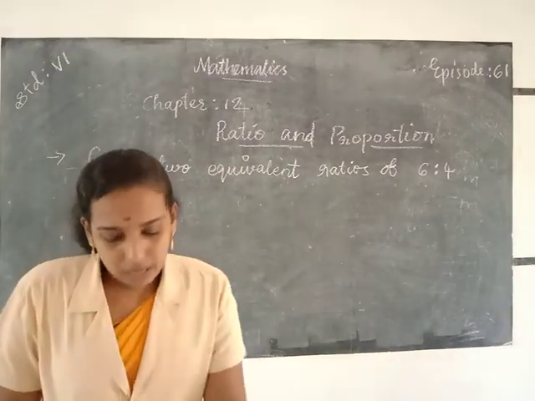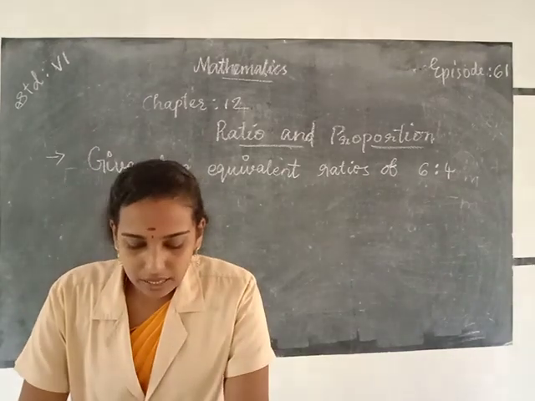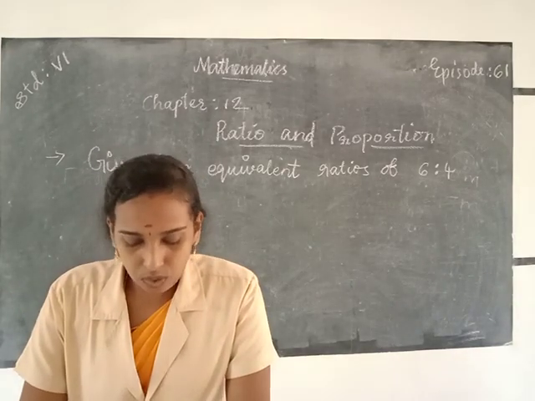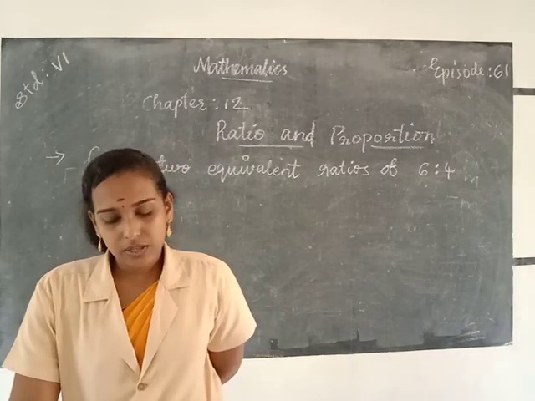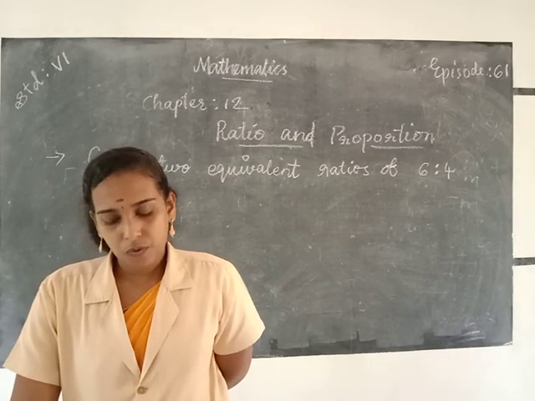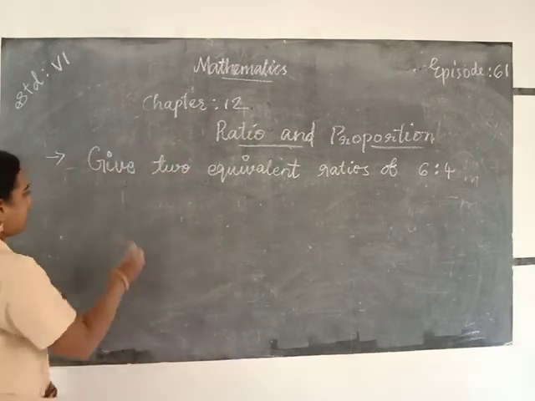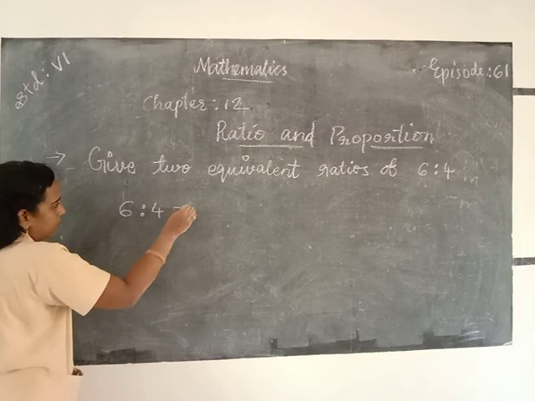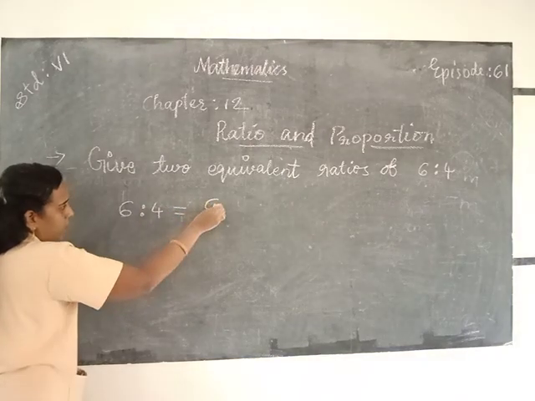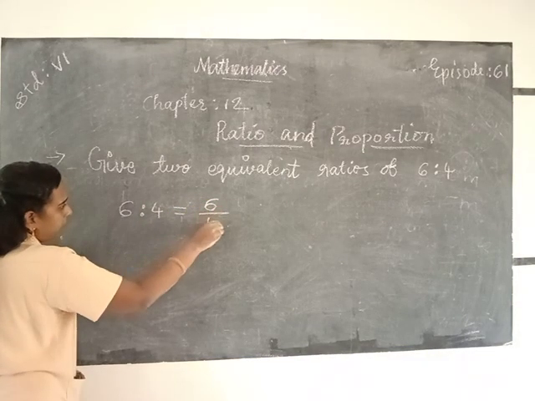And here is a question. Give two equivalent ratios of 6:4. We want to write the equivalent ratios of 6:4. We can write 6:4 in the form of a fraction, 6 by 4.